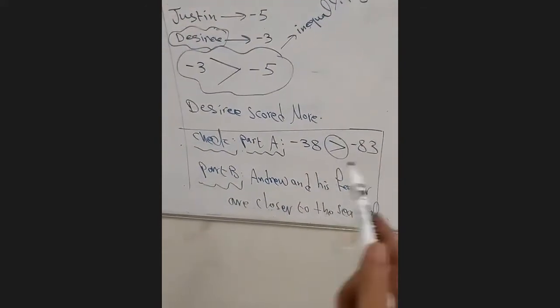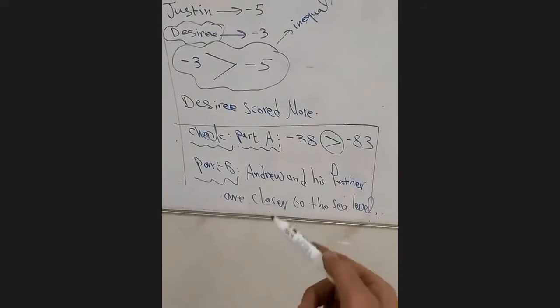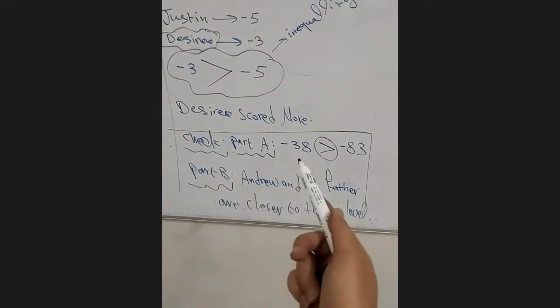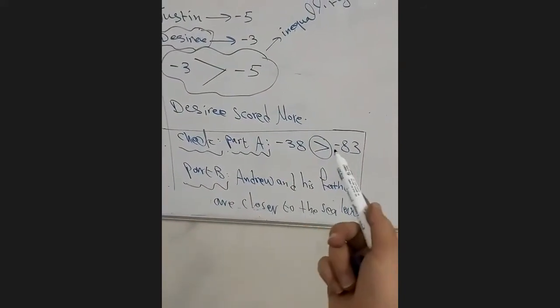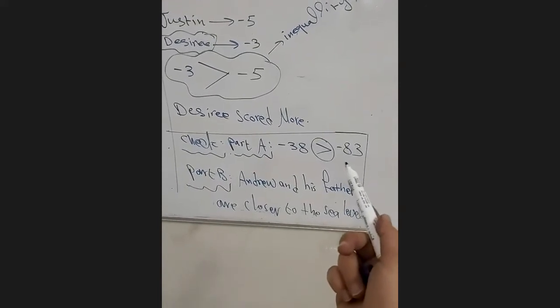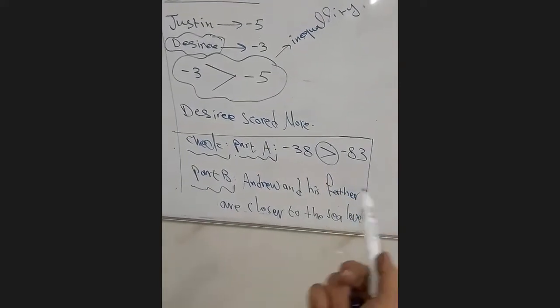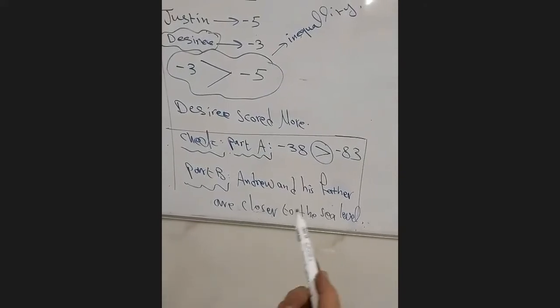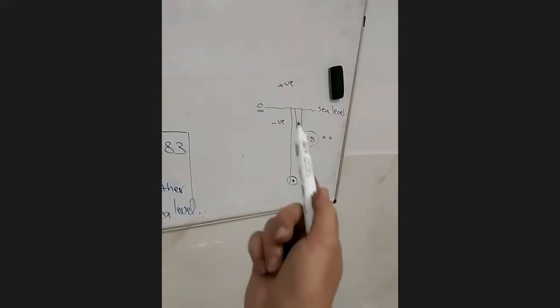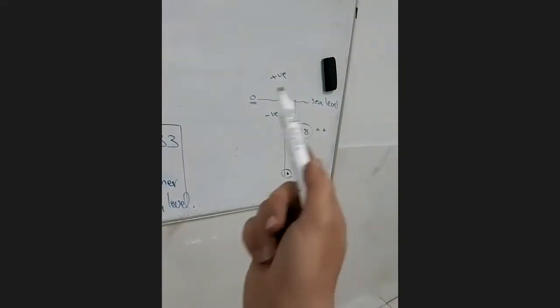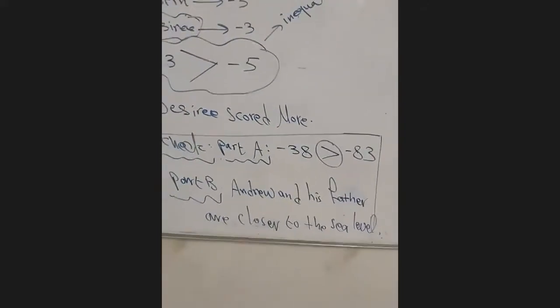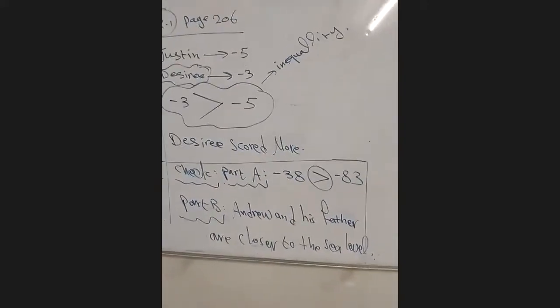Part A, we wrote the inequality. Part B, we explain the inequality. This is for Andrew and his father, and this is for the canyon point down. So this means that Andrew and his father are closer to the sea level, depending on our small graph here.